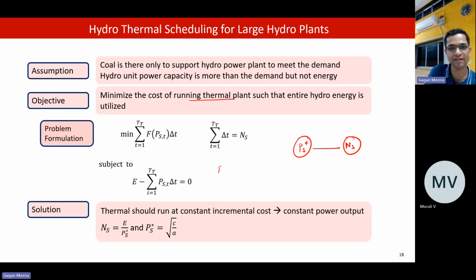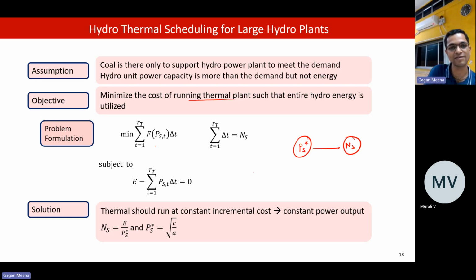Because the energy produced by thermal will be equal to PS into Ns, the number of hours. Once PS is known, we can easily find out Ns also. We will do one numerical on this. It is an example from the same book, Wood and Wollenberg.